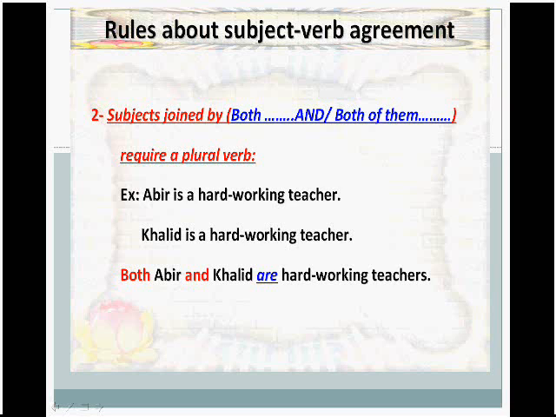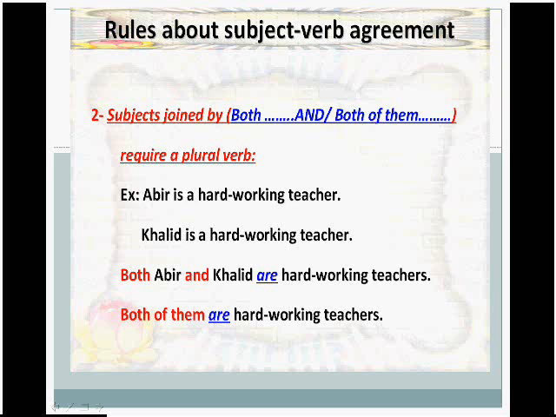Okay, so here after both, I put one of the subjects and then I put another subject, and then I changed the verb from the singular case into are, because again we are talking about the plural form of verb to be in the present simple case, are. So when I use both and, the verb should be plural. And in our case here we have both Abir and Khalid are hard-working teachers.